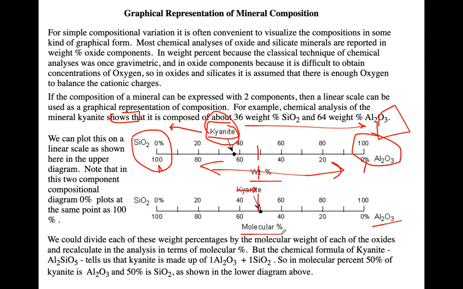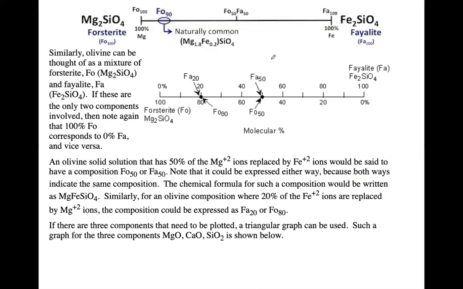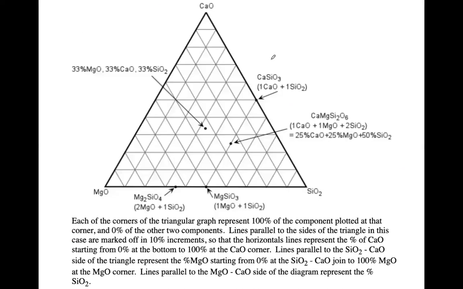So this is a graphical representation of two end-member mineral compositions, right? When you have another one, definitely you will have to go for a triangle, because the third one you have to accommodate somewhere there. So we'll see that also.